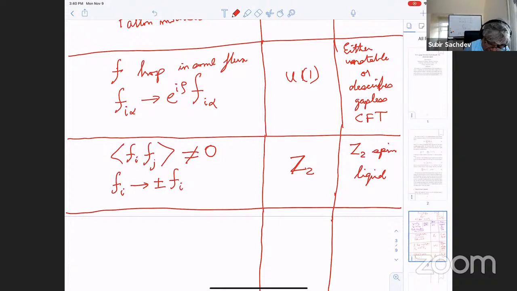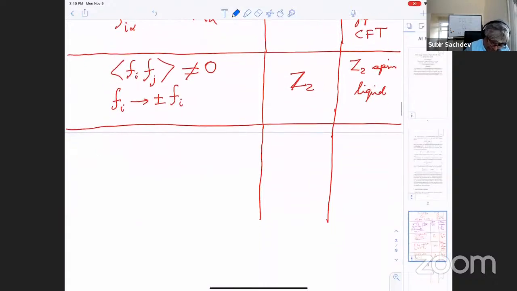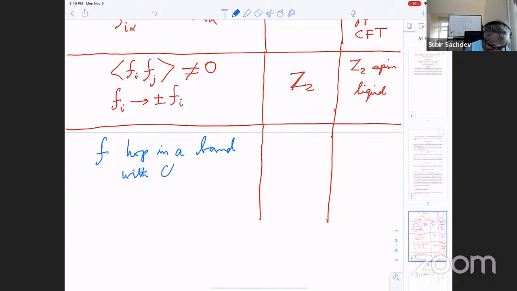The fermionic partons hop around, but the band structure has a band with Chern number. So this is the trick.